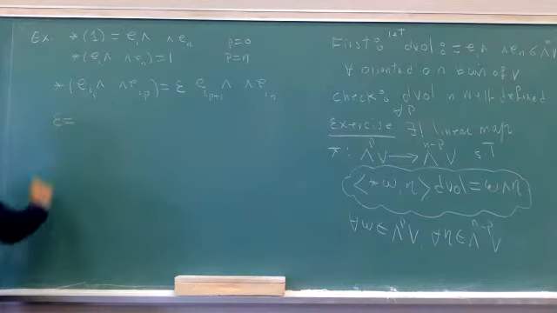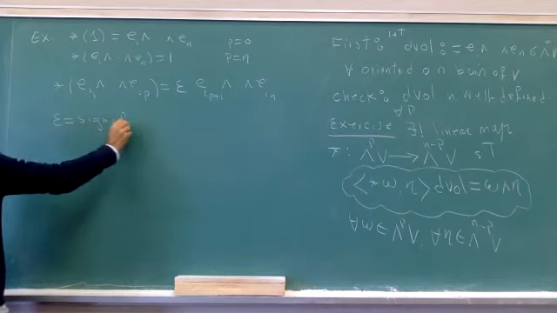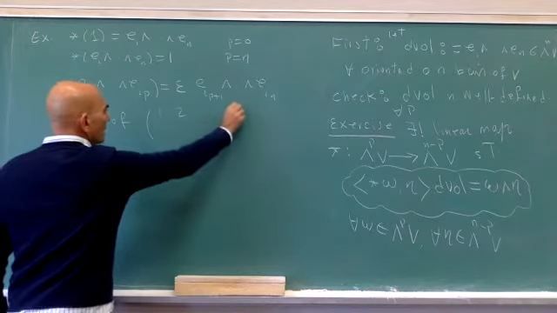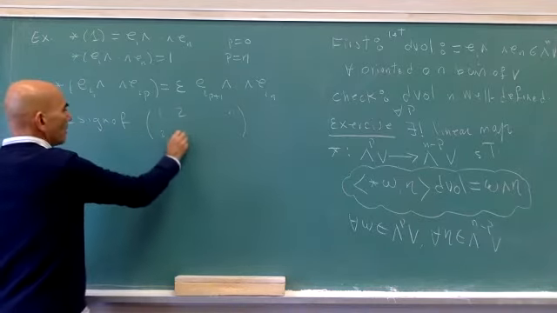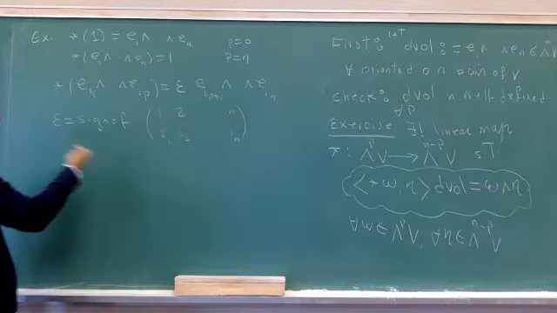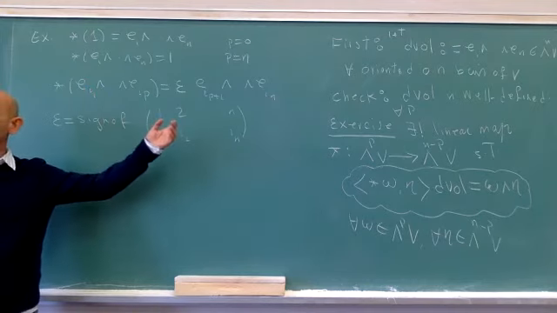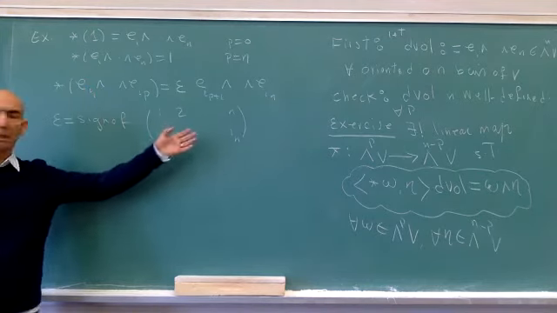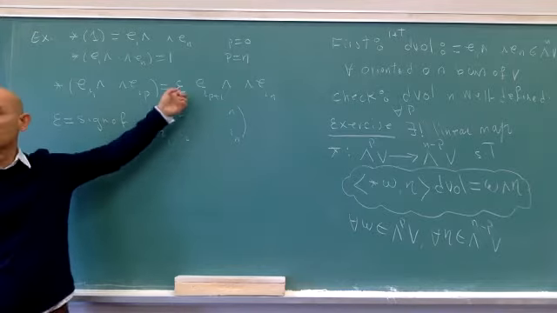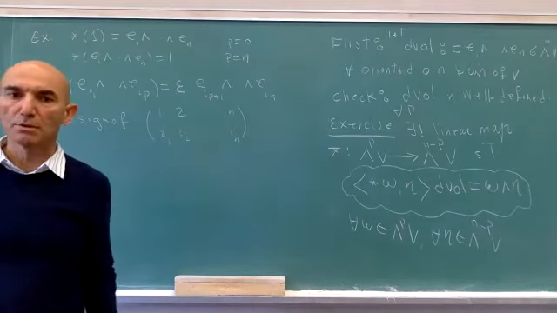Epsilon is the sign of the permutation which is sending 1 to N to I1, I2 to IN. Because we have written these in some order now, right? So the sign of this permutation is going to give us the correct factor for the equality.